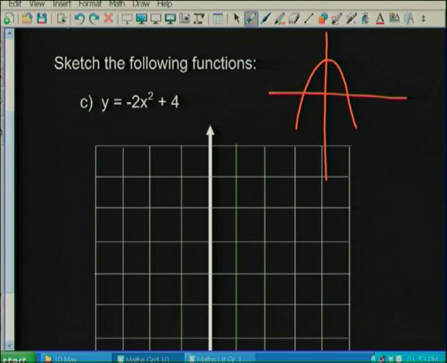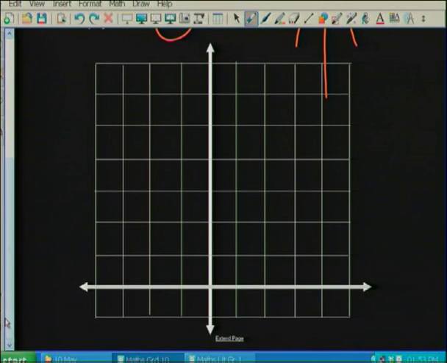So something like this. Sad face, but with a turning point on the positive y-axis. Right, so the first thing that we do is we fill in the turning point. That is 0 and q, and again q is 4. 1, 2, 3, 4.